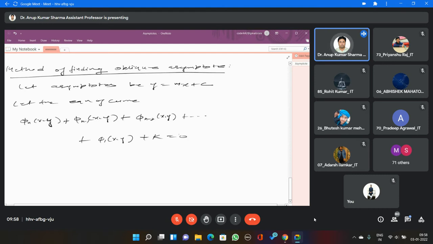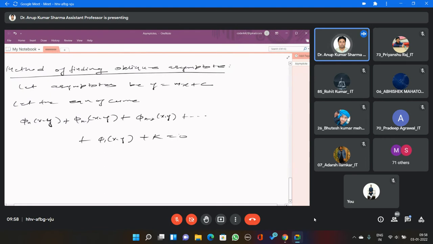So this is very general. It is a polynomial in x and y, where the total degree is n.